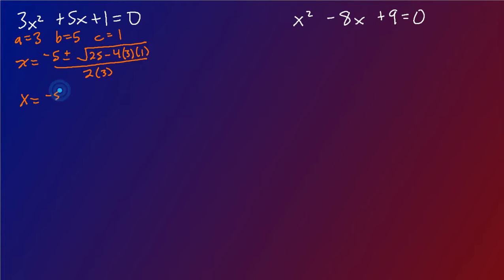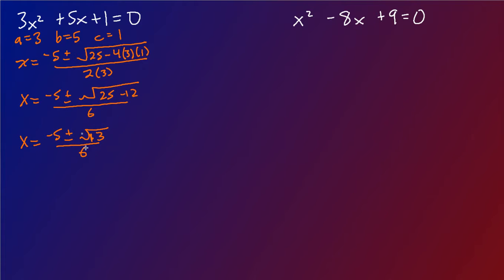So x equals negative 5 plus or minus the square root of 25 minus 12, all over 6, and x equals negative 5 plus or minus square root 13 all over 6.